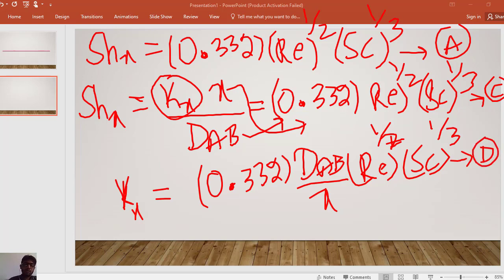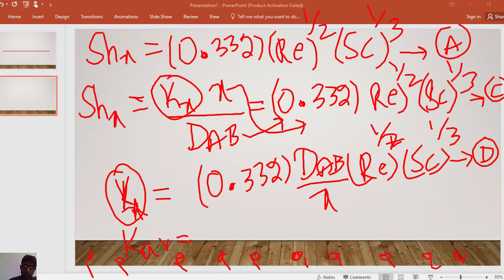Now, this is the local mass transfer coefficient. We know how the average mass transfer coefficient will be obtained. It is denoted by KAV, and it is obtained if we add up the local mass transfer coefficients.